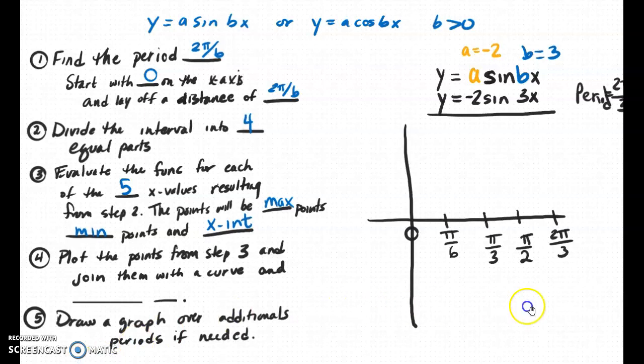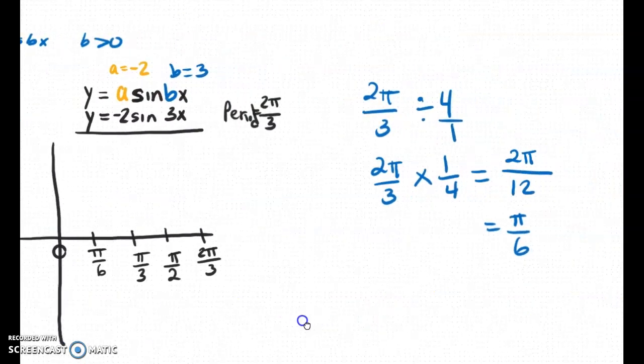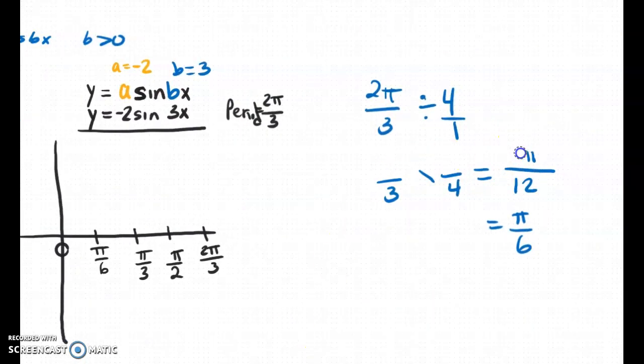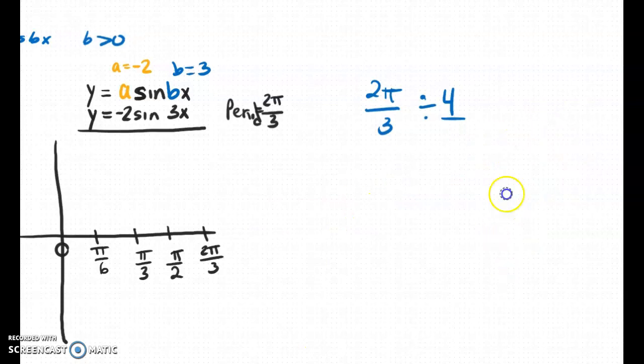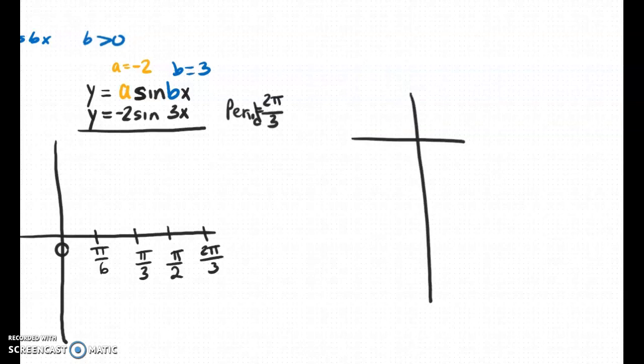So I'm going to come over here and I'm going to create myself an XY table. And I'm going to plug in those 5 points.